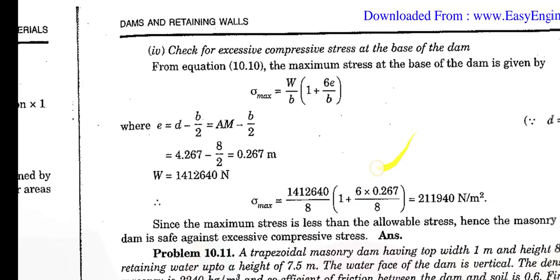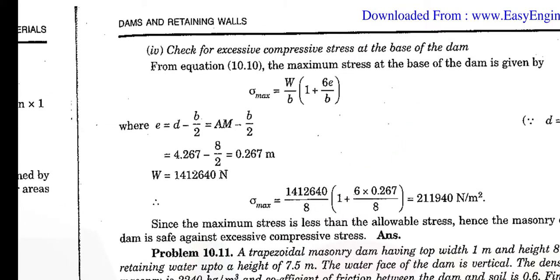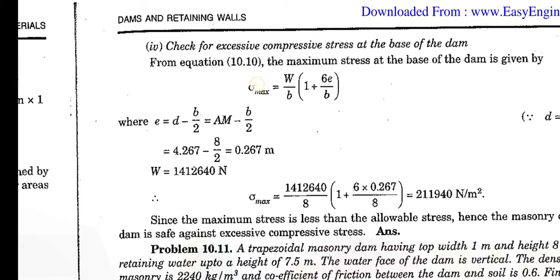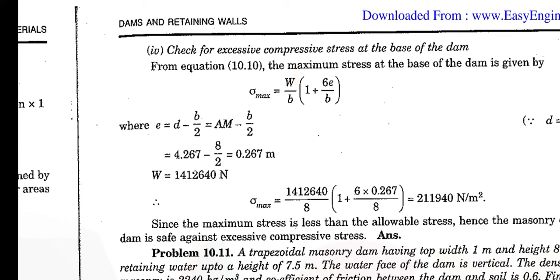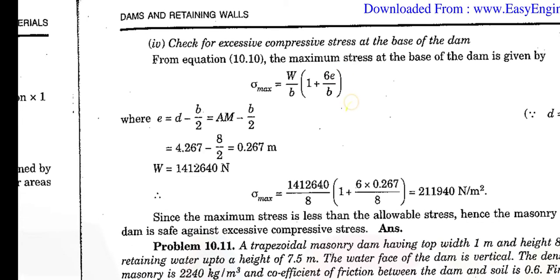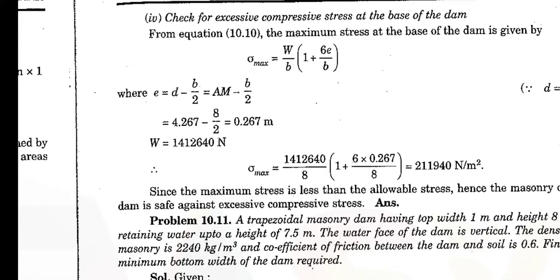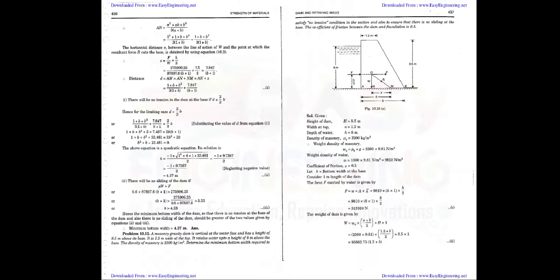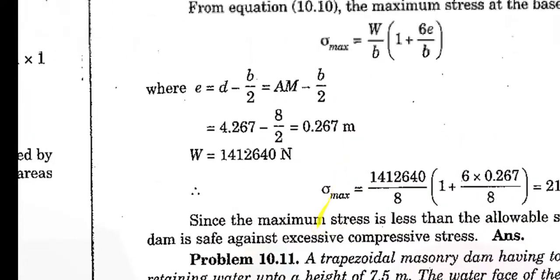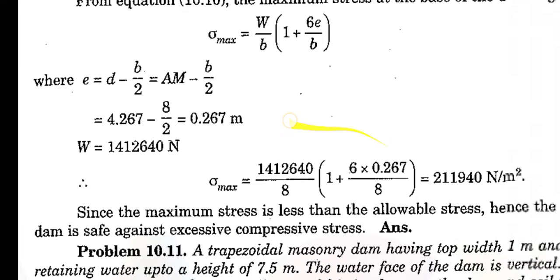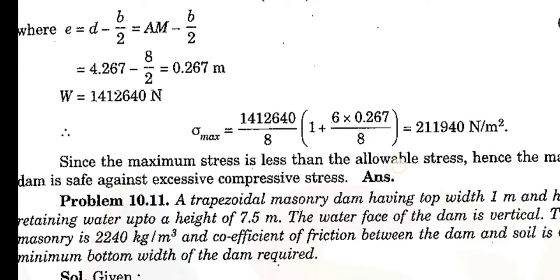Then finally, for the maximum compressive stress, you have to find sigma from W by B into (1 plus 6E by B). Here E is equal to D minus B by 2, which is equal to 0.267. Substituting this E value, the total sigma value should be less than the allowable stress.